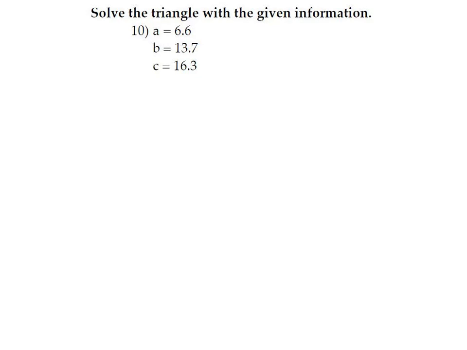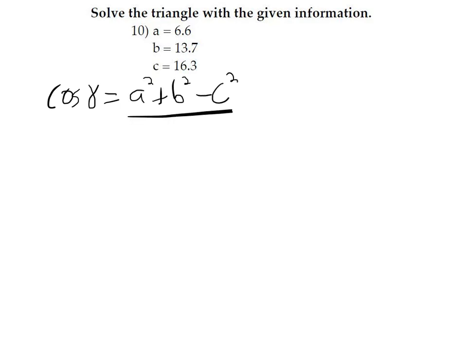The formula is cosine gamma equals a squared plus b squared minus c squared over 2ab. This is something to either memorize or to work out from the c squared form of the law of cosines. Now I'm using law of cosines because since I have no angles, I have no opposite pairs to use law of sines.